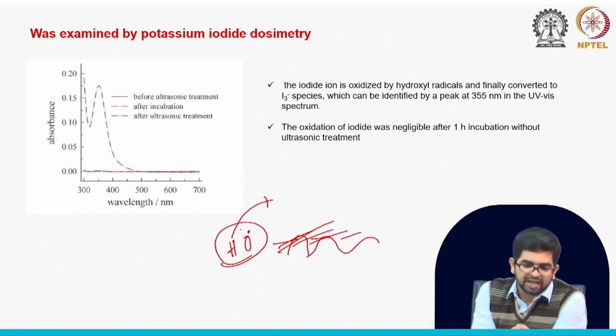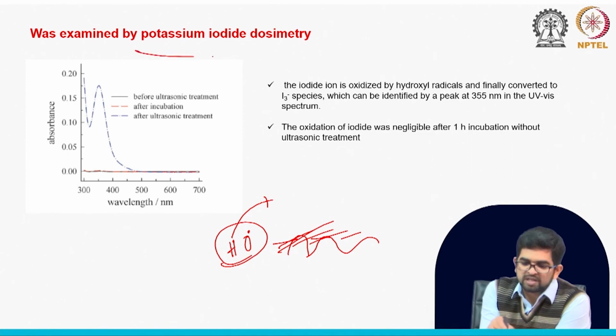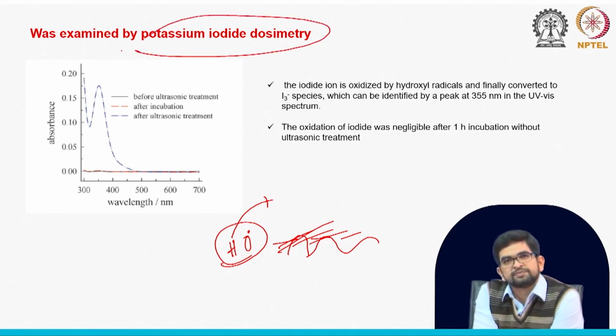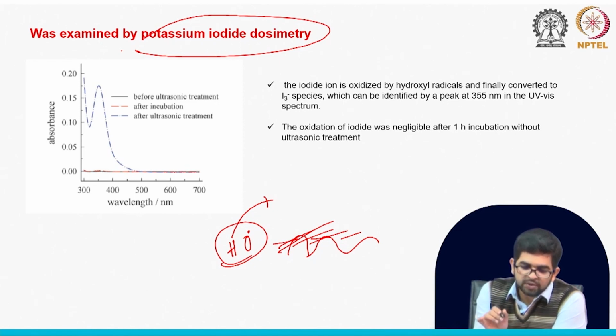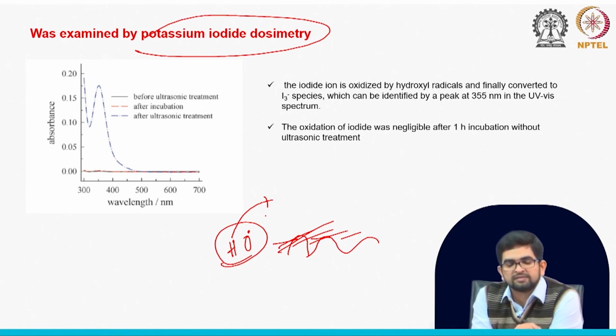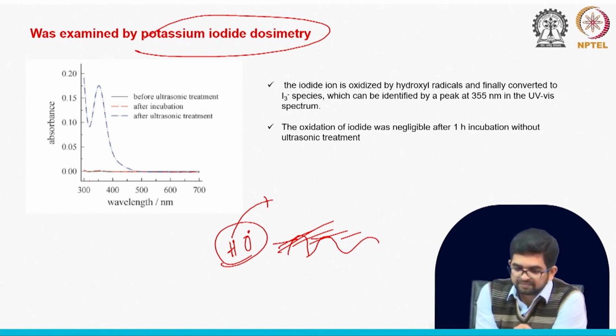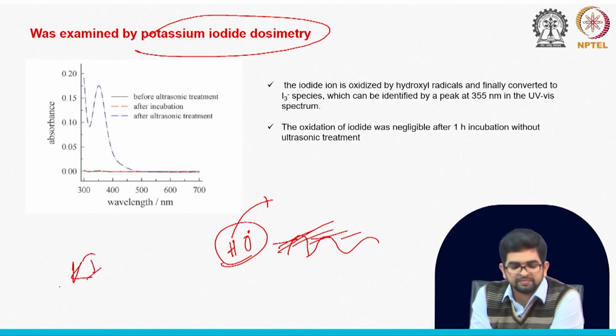That phenomenon was examined by potassium iodide dosimetry. What is potassium iodide dosimetry? You can check before and after sonication whether hydroxyl radical is generated or not. See here, potassium iodide solution was used.